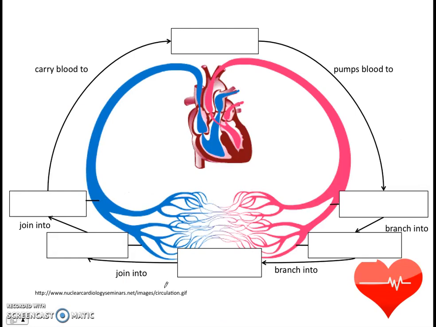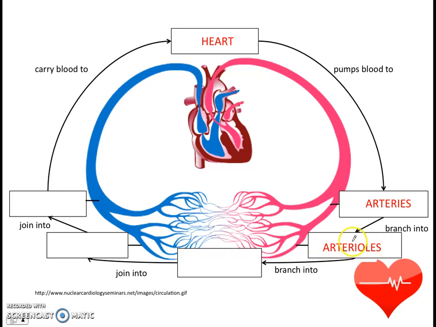Alright, so here's a diagram of the heart and some blood vessels. So obviously this is the heart, and we just saw that the heart pumps blood to arteries, right? Arteries carry blood away from the heart. Now arteries themselves will branch into smaller blood vessels, which we call arterioles, right?